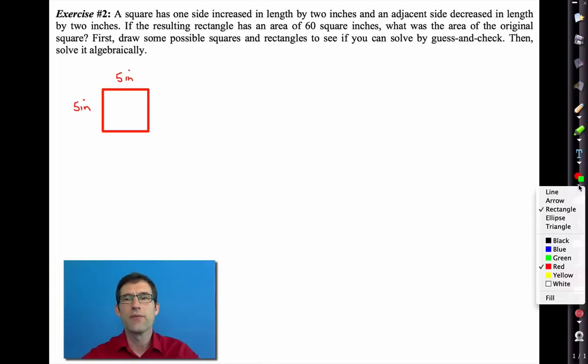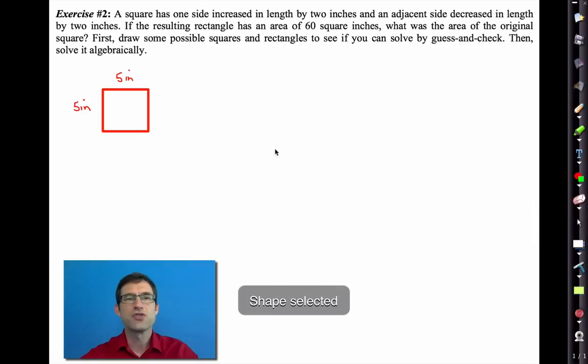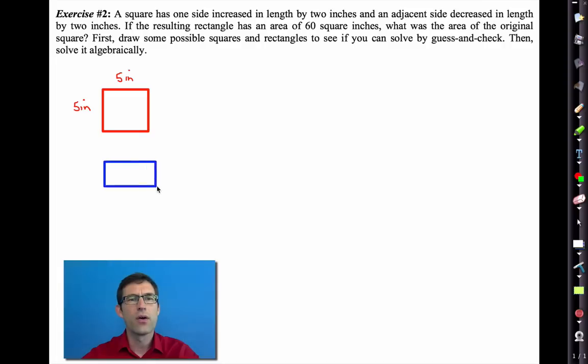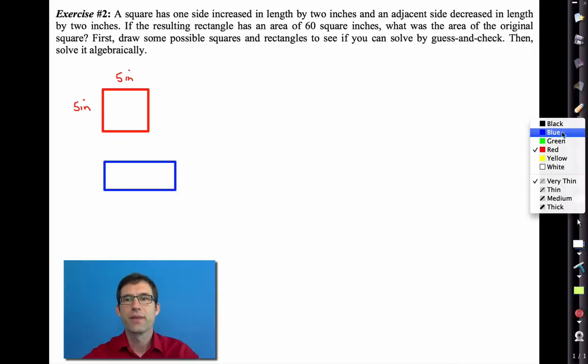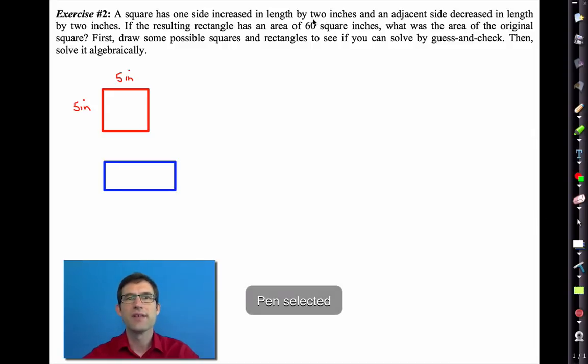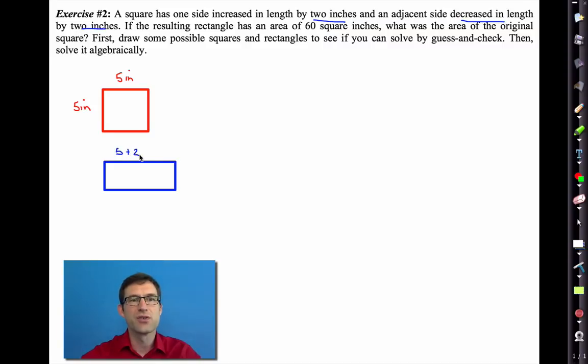They tell me that I've changed it into a rectangle, where one side is increased by 2 inches, and an adjacent side is decreased by 2 inches. So we would have 5 plus 2, or 7 inches, and 5 minus 2, or 3 inches.